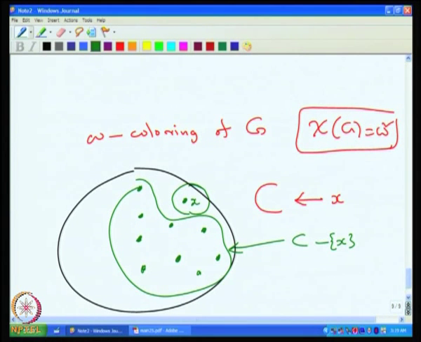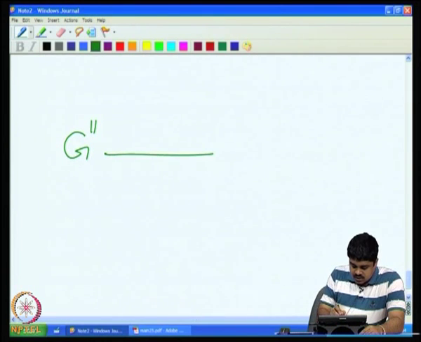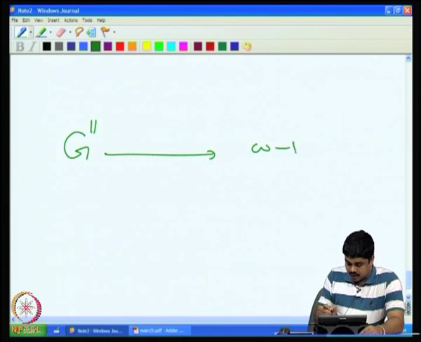Now, what will happen if I remove this collection of vertices, these green vertices other than x, from the graph? That means every maximum clique will reduce its size by 1. So, after removal of this set, in the new graph, say let me call it G double dash, omega will be omega minus 1.